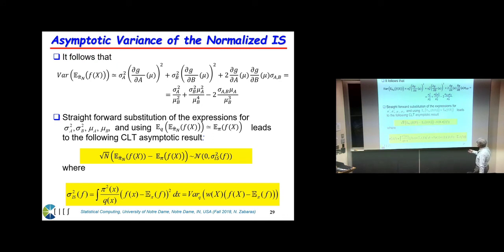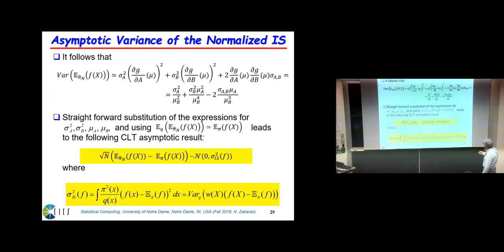This is the true expectation. This is what we get, and one of the two results I'm going to show you is from the central limit theorem. It shows that asymptotically, this formulation is unbiased.